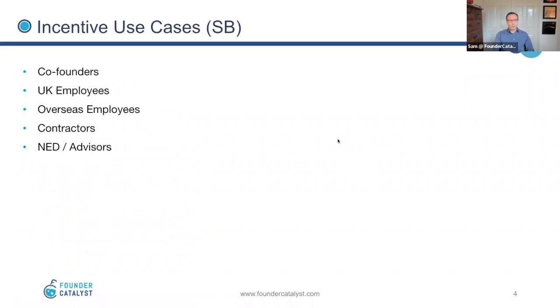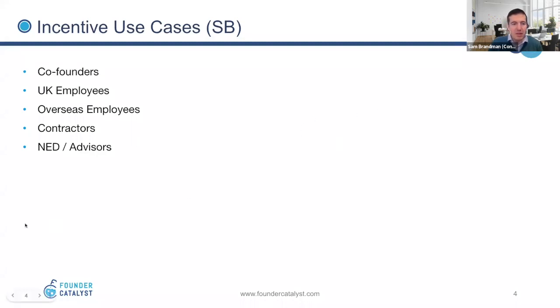So firstly, let's talk about incentive use case. Sam, do you want to cover this one? Yeah. So inherently, you're going to want to have different people involved in your business, and the types of people and the way that you engage with them will determine how you incentivize them.